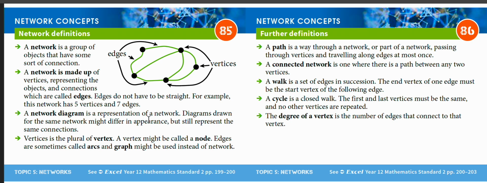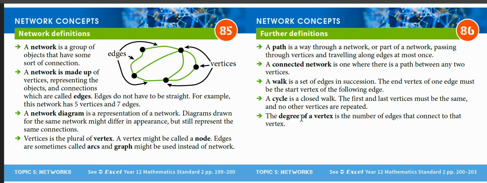In this picture, you can see there are 5 vertices and 7 edges. Now, a network diagram is a representation of a network. Diagrams drawn for the same network might differ in appearance but still represent the same connections.